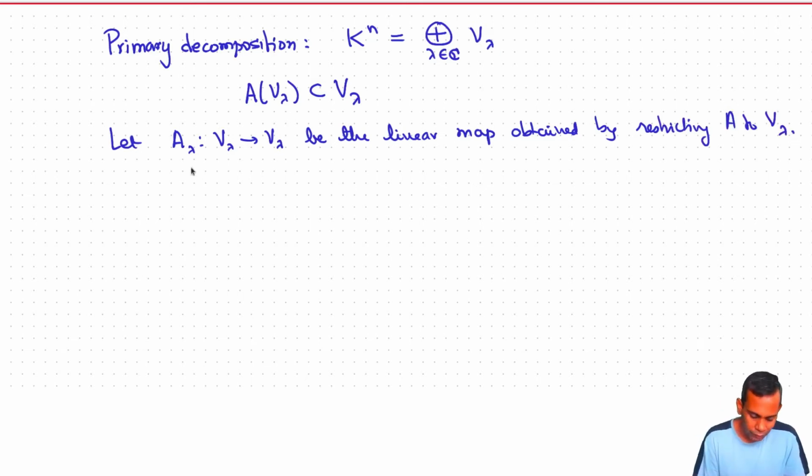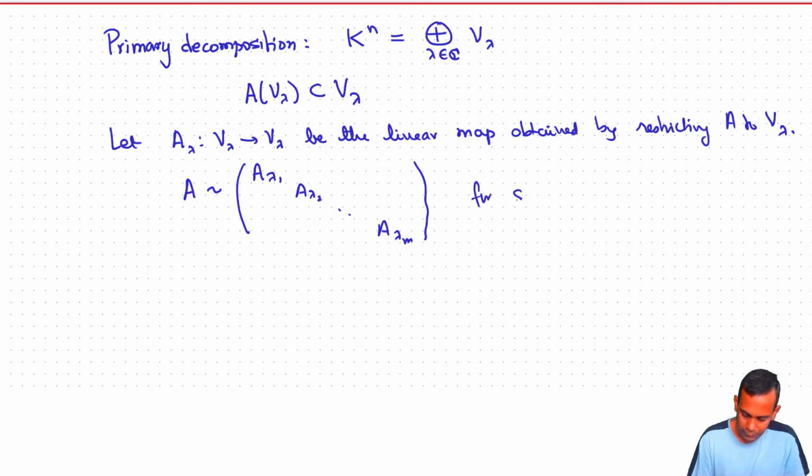Okay, and then what we have is that A can be written as similar to, choosing any basis of V_lambda, A_lambda_1, A_lambda_2, up to A_lambda_m for some lambda_1 up to lambda_m. So these are the lambdas for which V_lambda is non-zero.